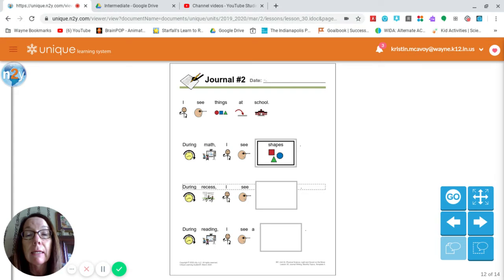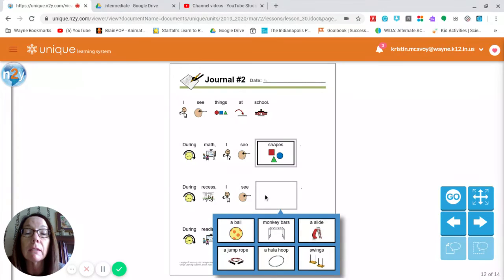But before that, we were going outside. Let's see what our choices are. I think all of these things were for outside recess. So a ball, monkey bars, a slide, a jump rope, a hula hoop, and swings.